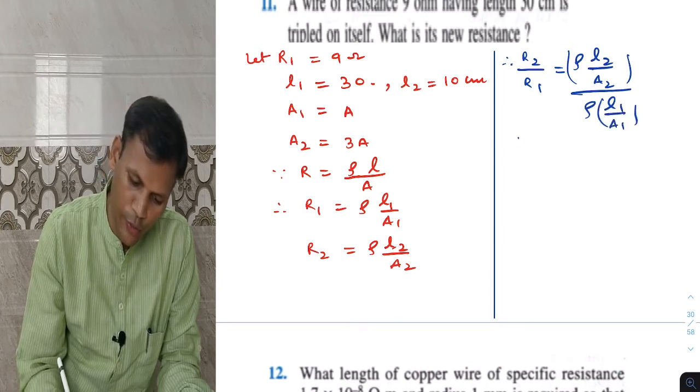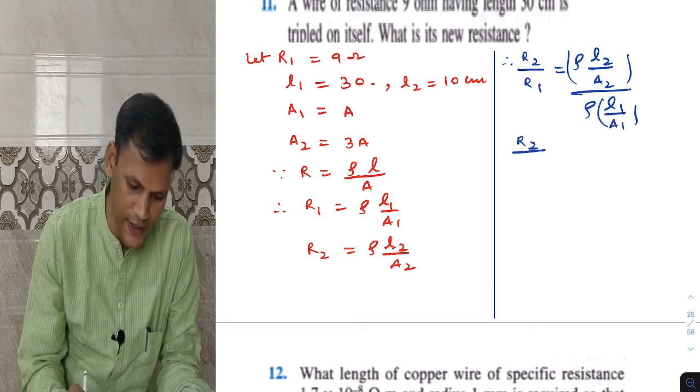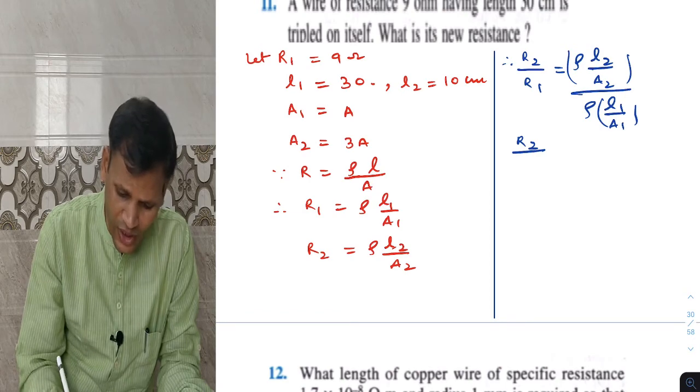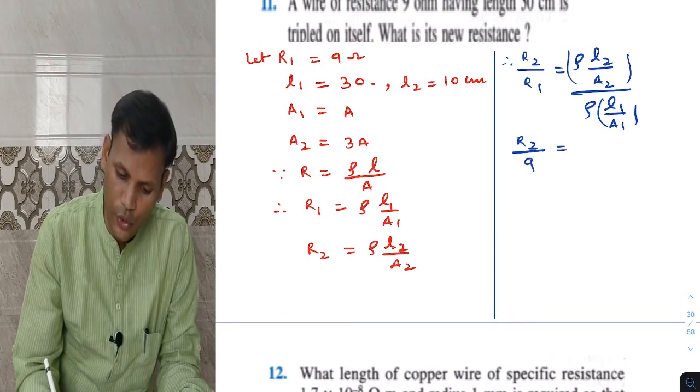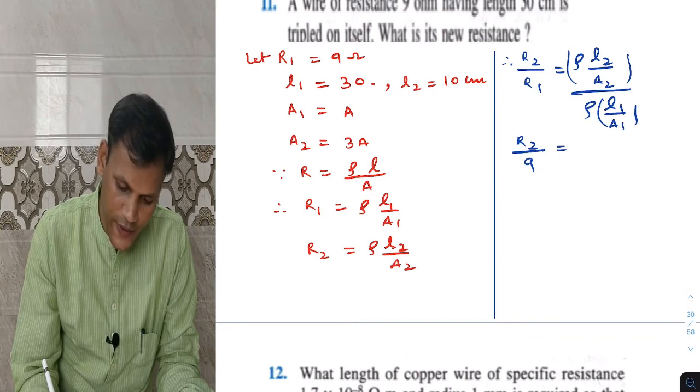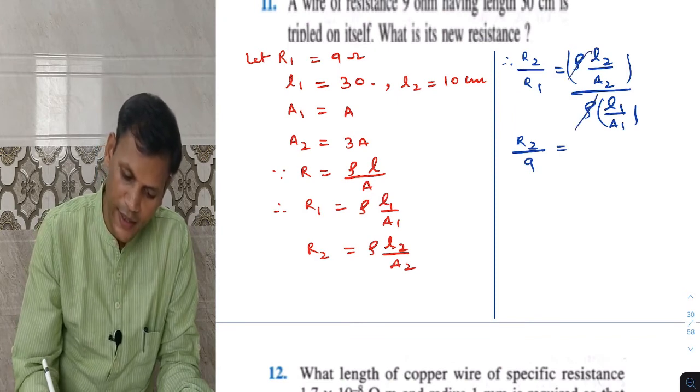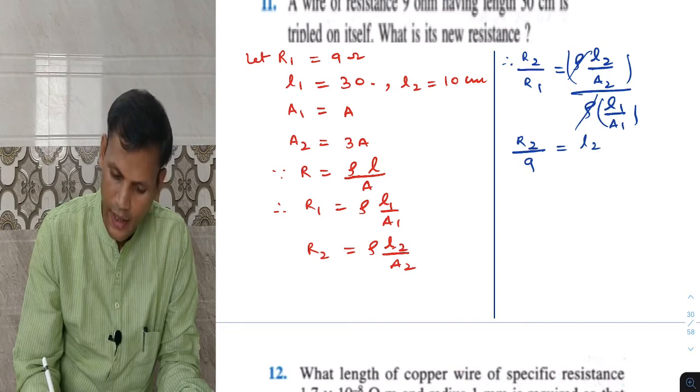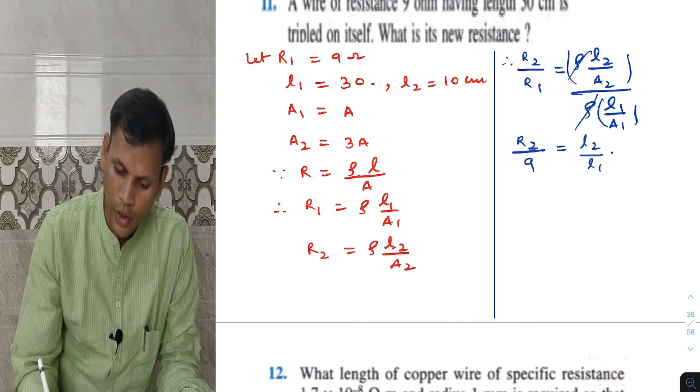R1 is 9, so R2 by 9 is equal to rho, and rho will get cancelled. You will get L2 by L1 into A1 by A2, correct?